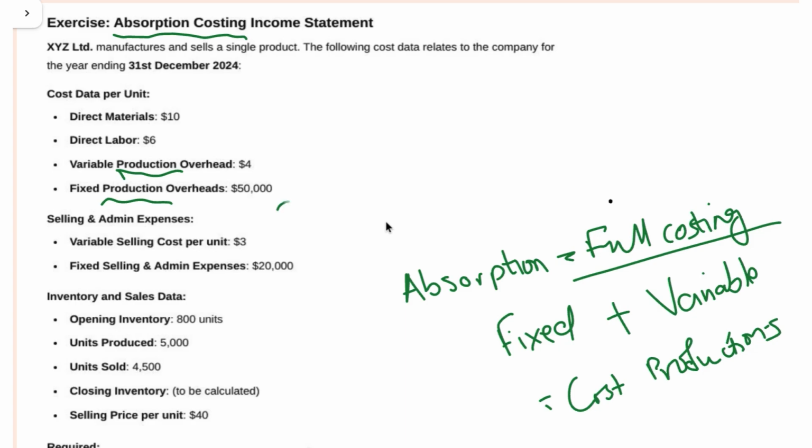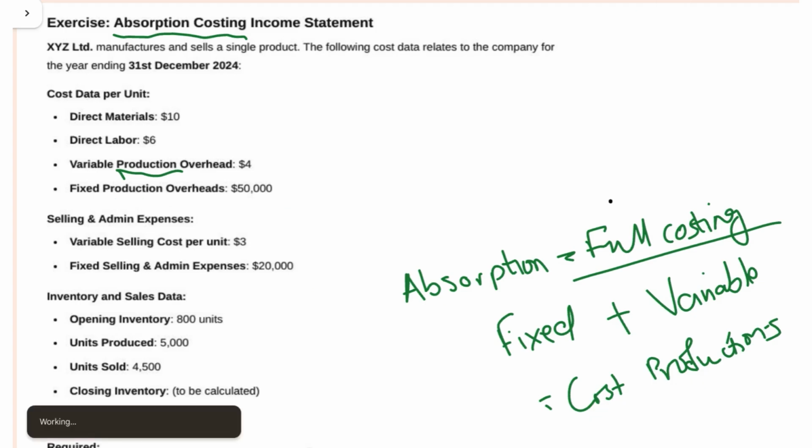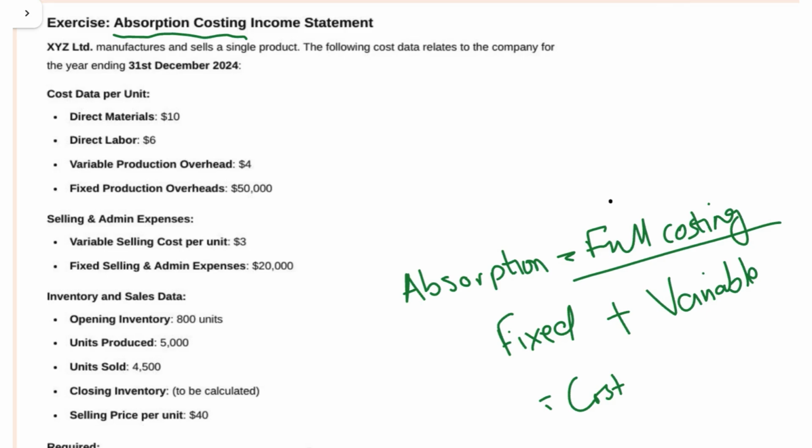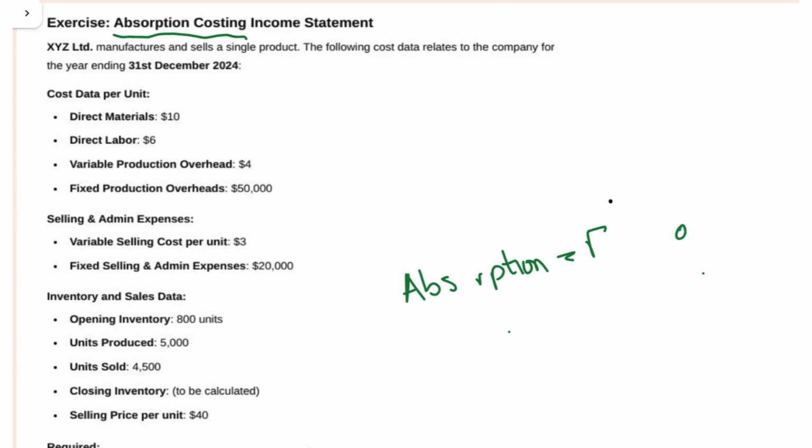Non-manufacturing costs are not included. The first step is to find out exactly what our absorption cost is, as in the previous video, but we will go through it again.